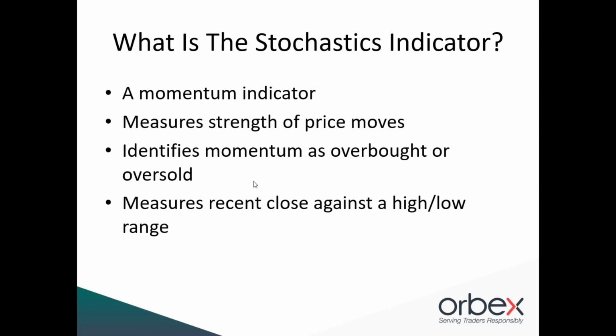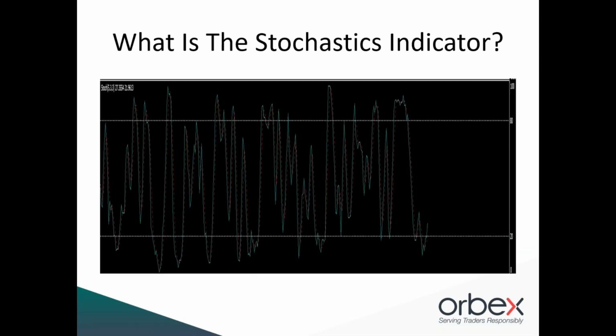So in terms of what the indicator looks like, it looks like this. You can see this oscillating line, hence why it's often known as the Stochastics Oscillator. Now, the indicator is set up in the same way as the RSI, meaning that it's a bound oscillator. So once again, we have this upper and lower limit that we need to consider.